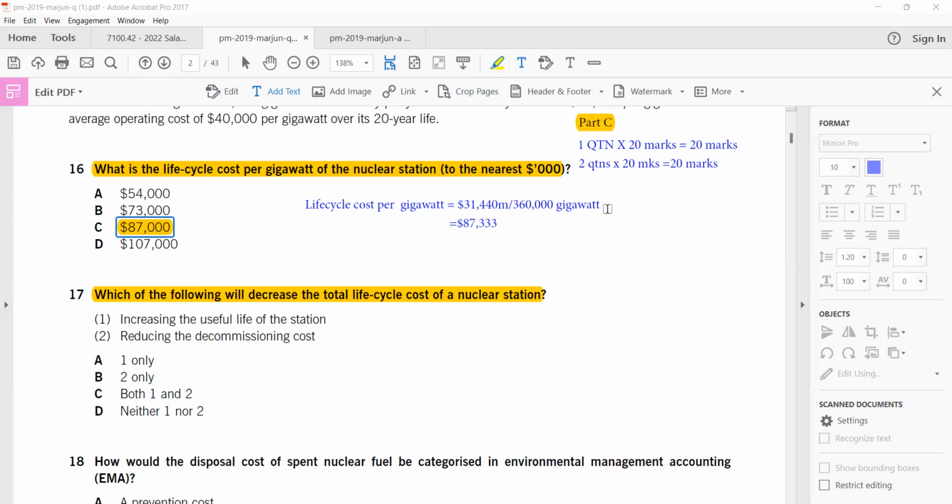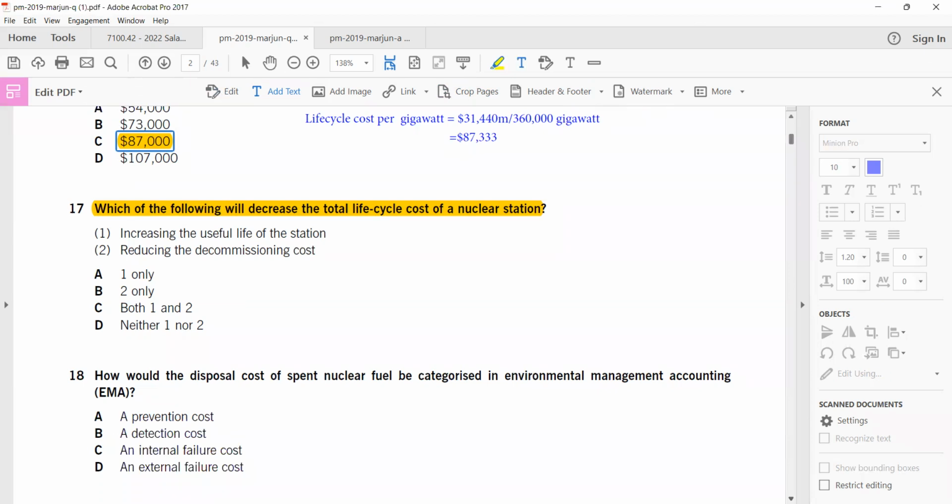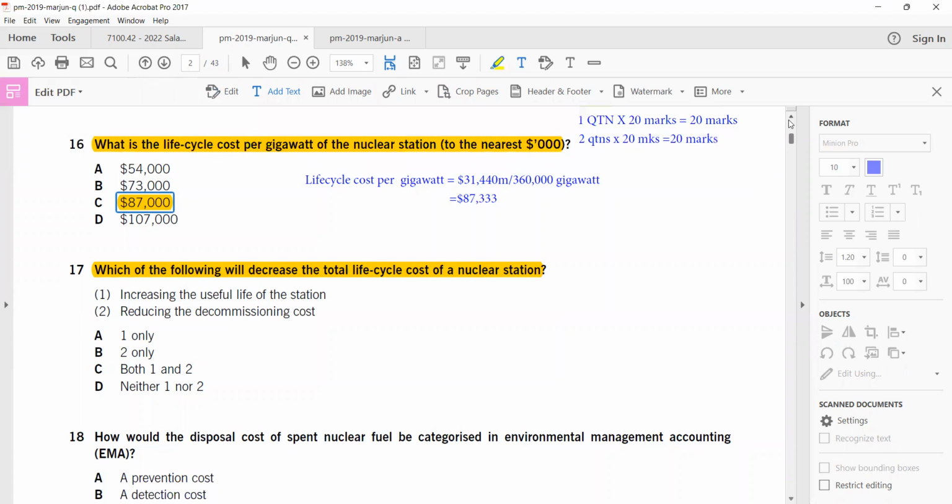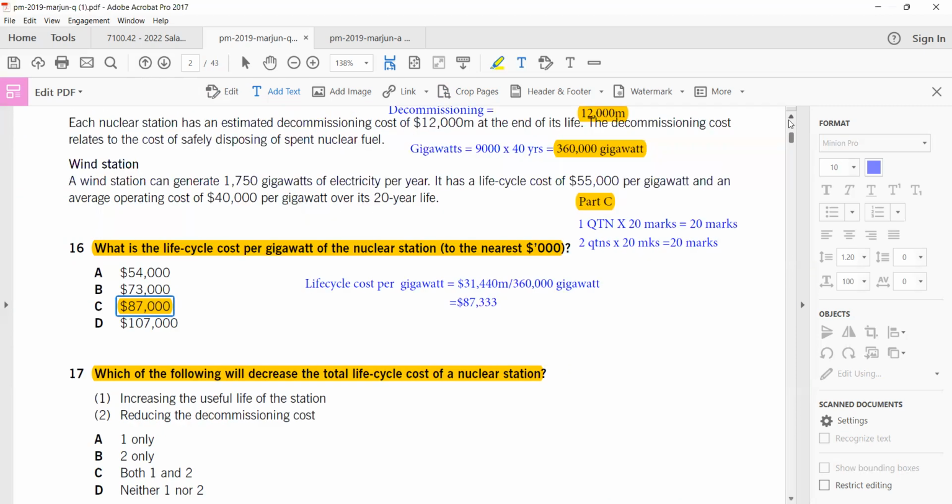Yes, done. Let's move. Sir, please, can you scroll up a bit? We are looking at question 17. Question 17 says, which of the following will decrease the total life cycle cost of a nuclear station?